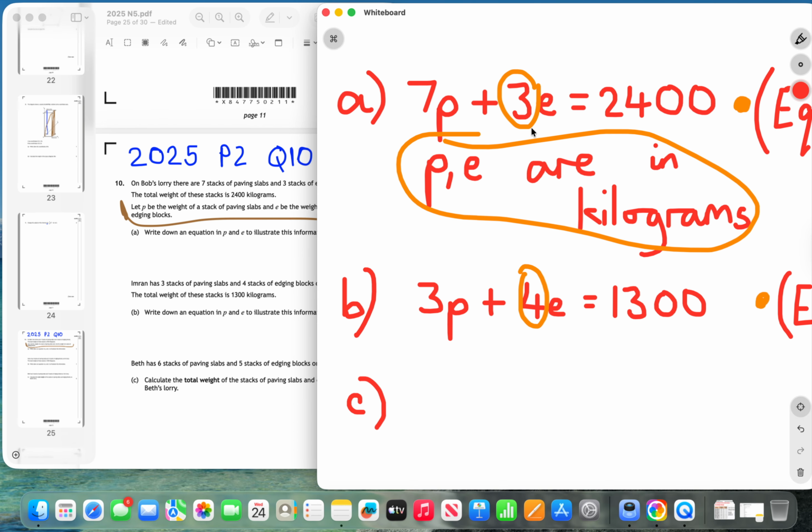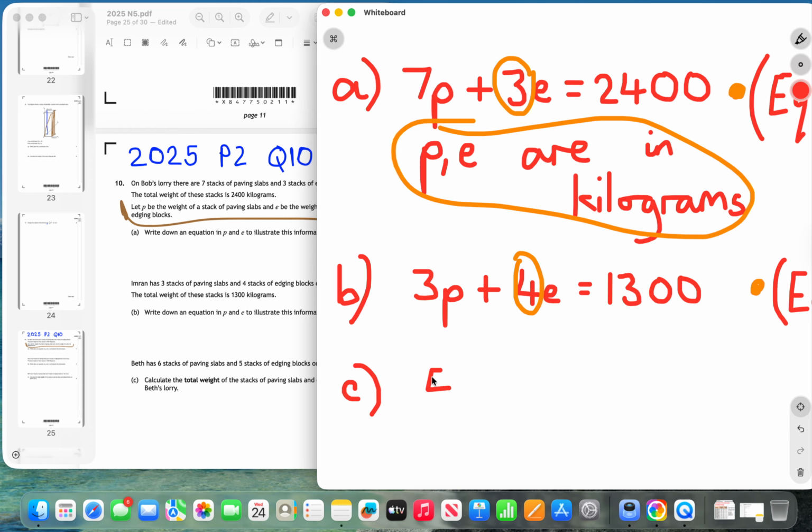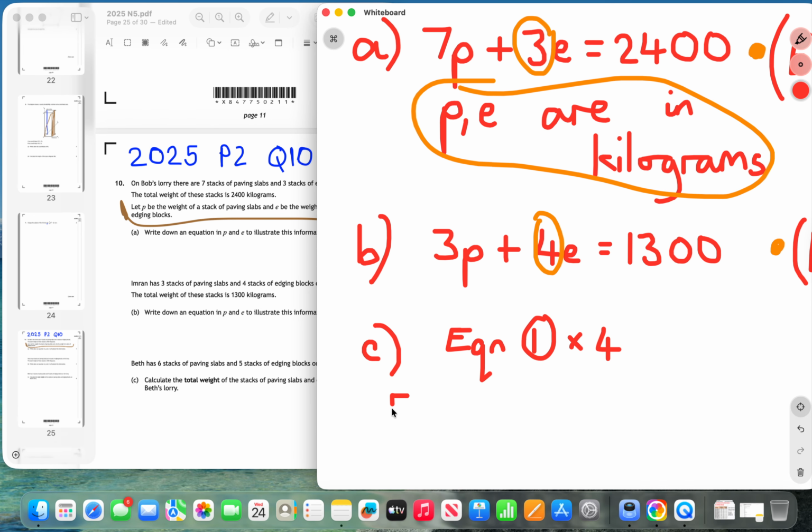If we multiply 3 by 4, we get 12. But if we multiply the 3e by 4 to get 12e, we have to multiply the entire equation by 4. So equation 1 times 4. We're going to call this equation 1 star, because we have to use this exact version of the equation.